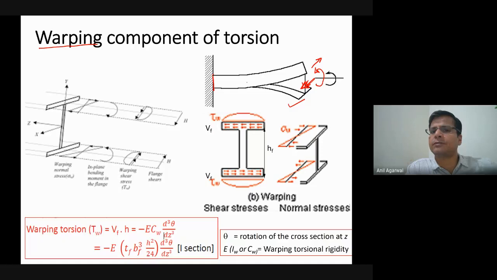That movement of individual flanges is not really a twisting. What is it? The top flange was initially a straight plate. Now it has bent. Correct? It has to bend. And that is purely a bending problem of individual flanges. So the two flanges are bending independently in opposite directions. Okay? And that is governed by the twisting of the web.